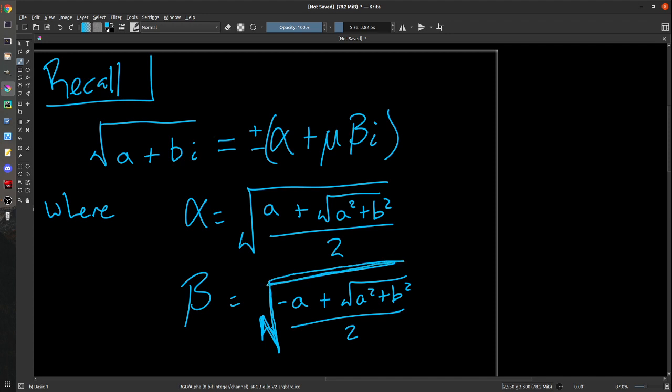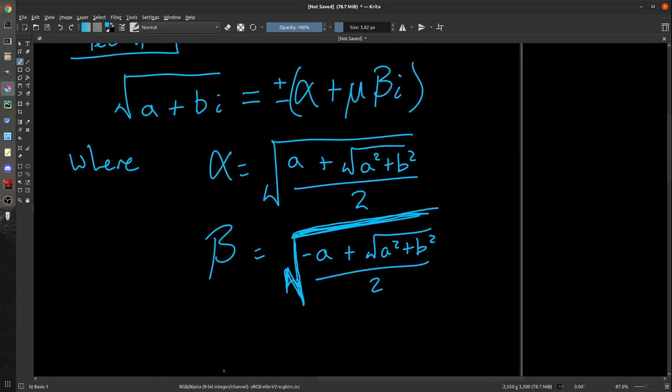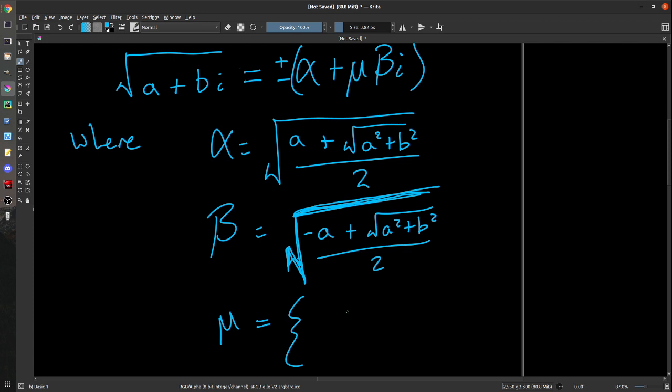Drawn a little bit too quick on this tablet. And then this little mu right here is going to be 1 when b is greater than or equal to 0, and -1 when b is less than 0.